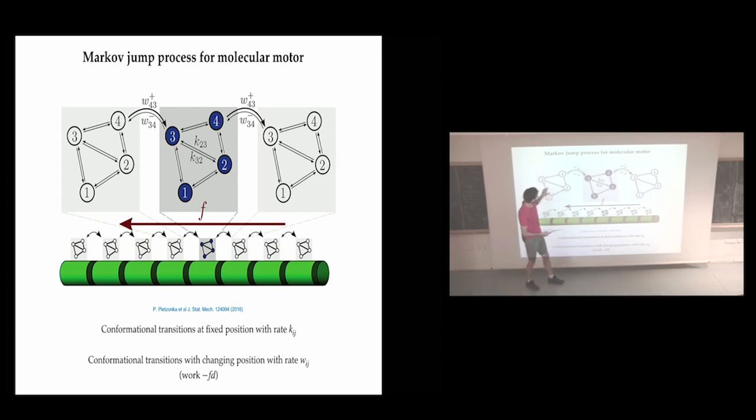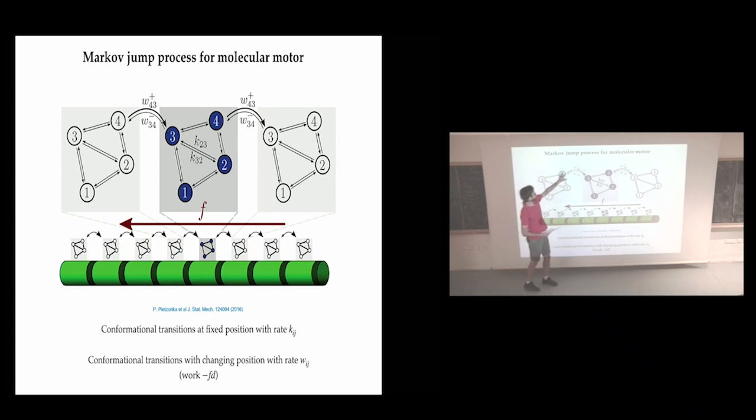So this is like the cartoon where you have a discrete point in space. You can go into these different internal conformational states. And I'm going to tell you how the dynamics should be. Then, of course, you can also move in space. You can move from one state to a nearby state along this track, which is separated typically by a few nanometers.